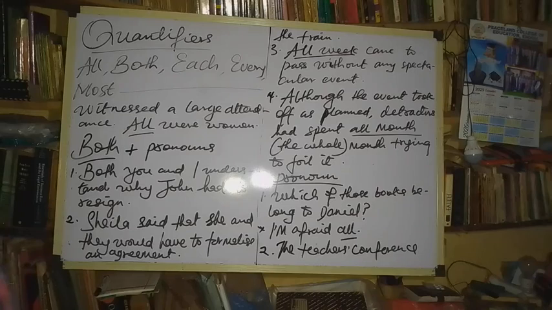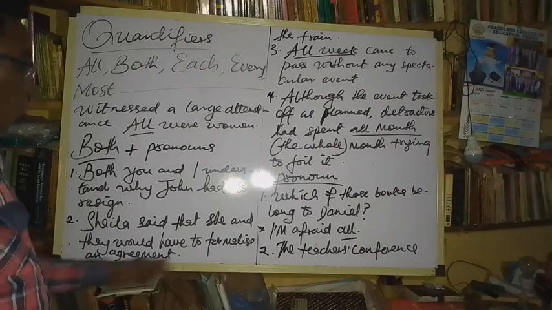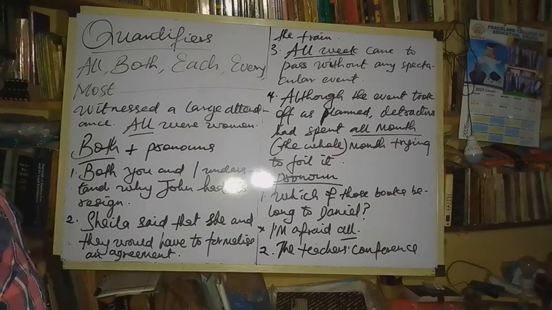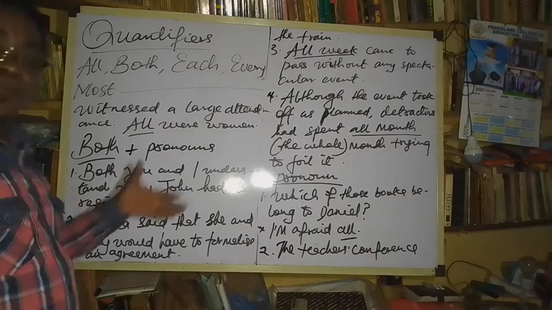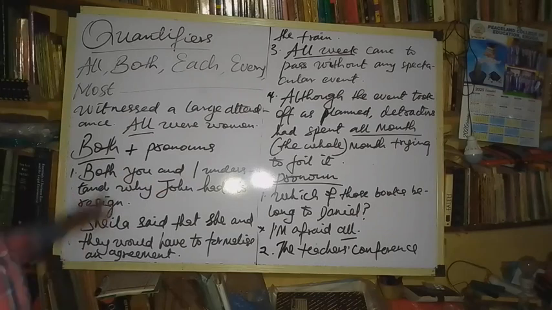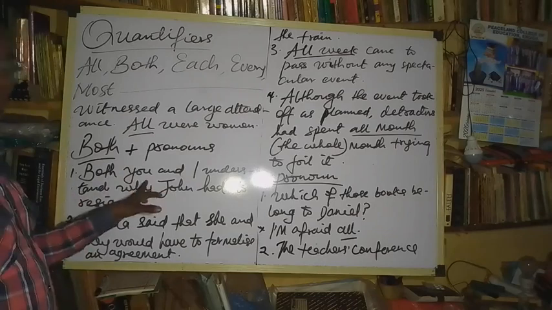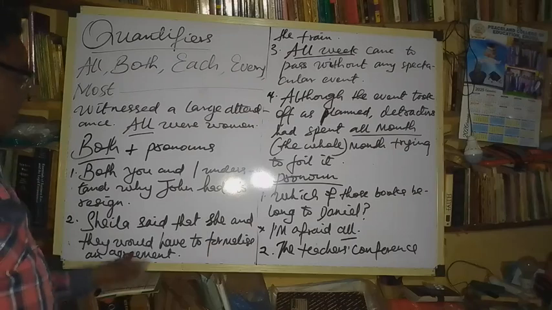Number 2 says, Sheila said that she and they would have to formalize an agreement. So in these two examples, both is used to introduce two pronouns, you and I, and then she and they.